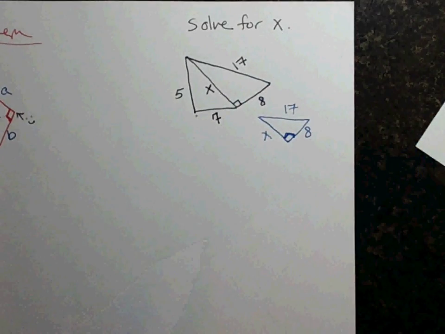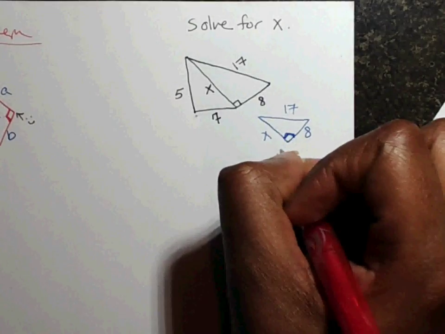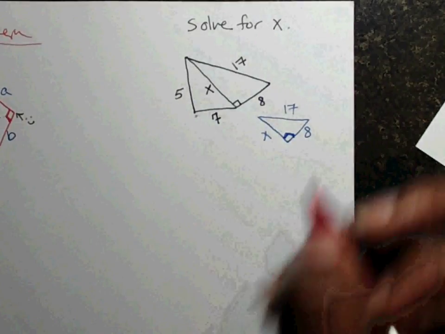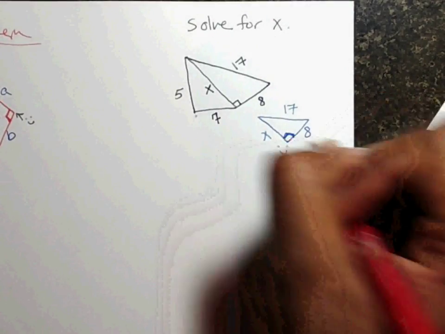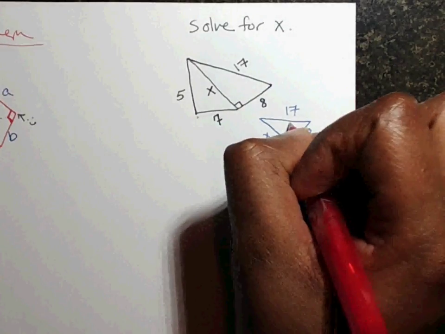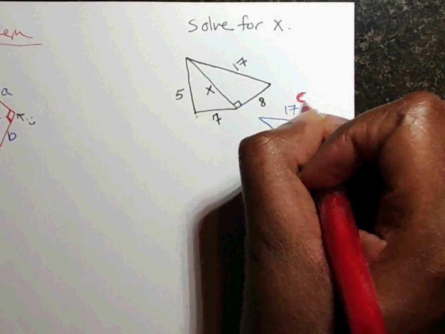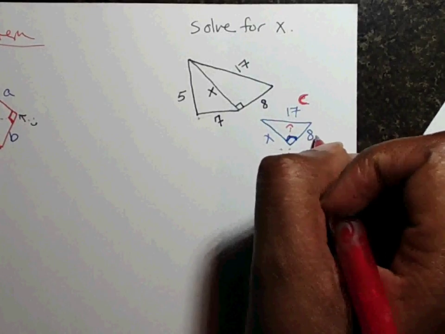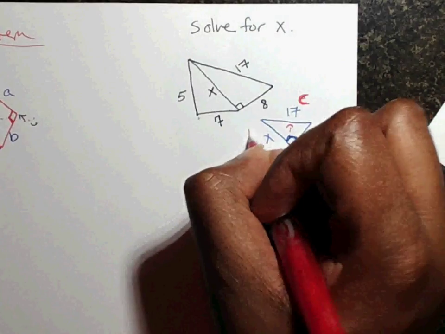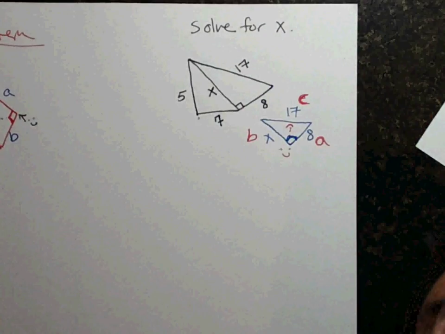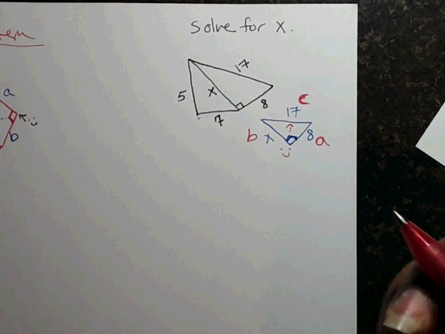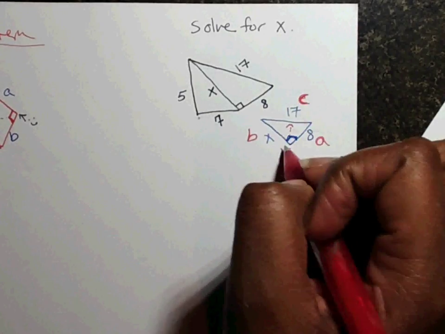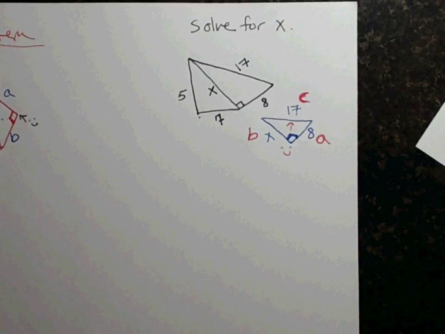Alright, so looking at this, I'm going to put a smiley face right here at my right angle. And right across from it, I'm going to put C for my hypotenuse. And now I'm going to put A here, I'm going to put B here. It does not matter where I put A, where I put B. I just make sure that I have my C across from my happy face, from my right angle.